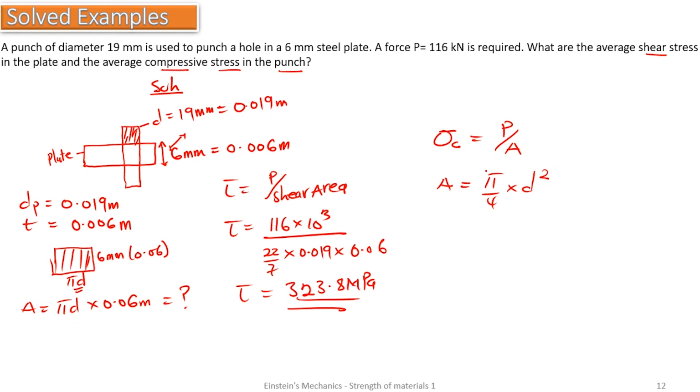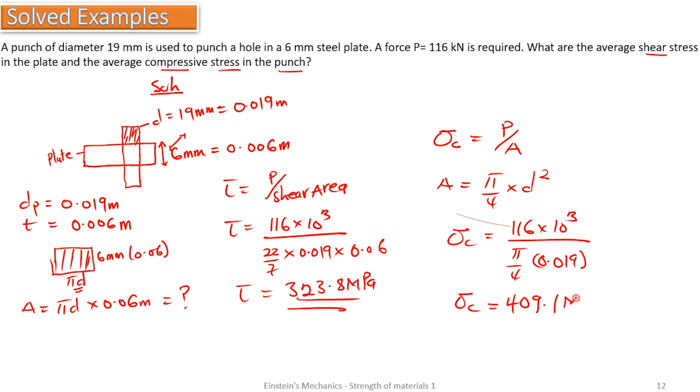Very good. So we have the area of the punch given, and the force is 116 kilonewtons over the area, pi on 4 times 0.019 squared. And at the end, I'm getting compressive stress inside the punch as 409.1 megapascal. Quite interesting.